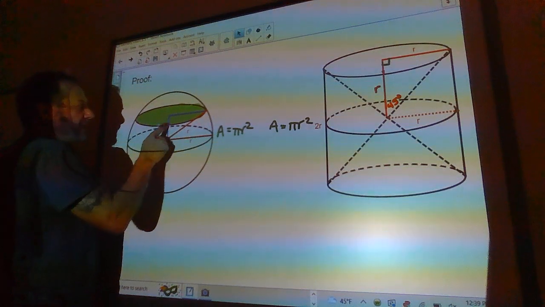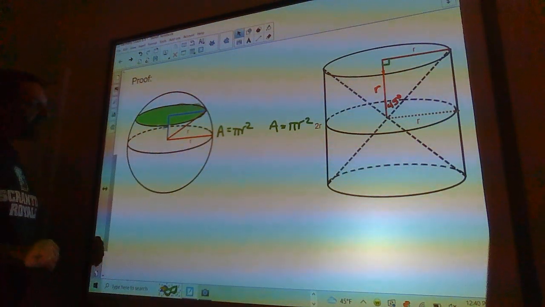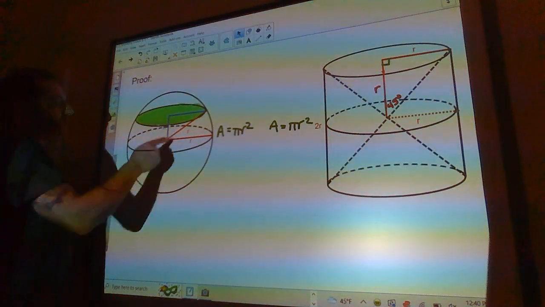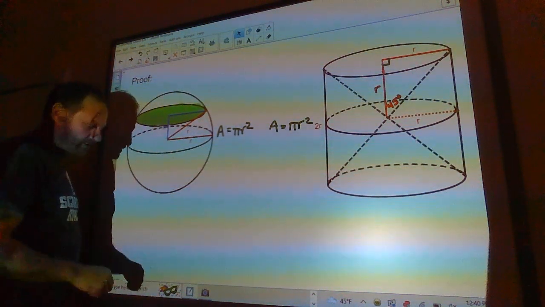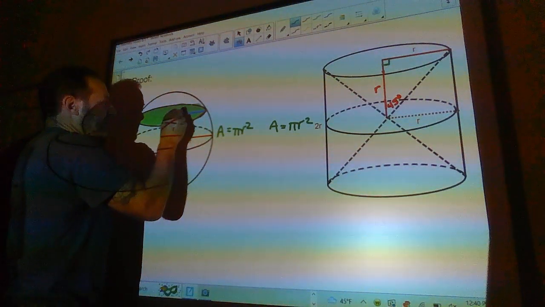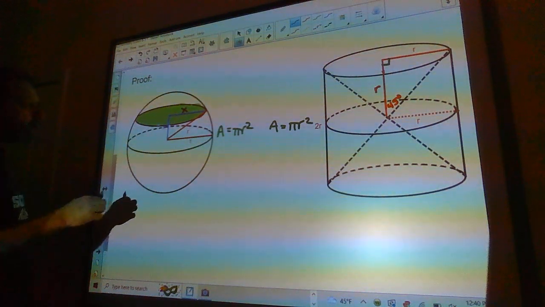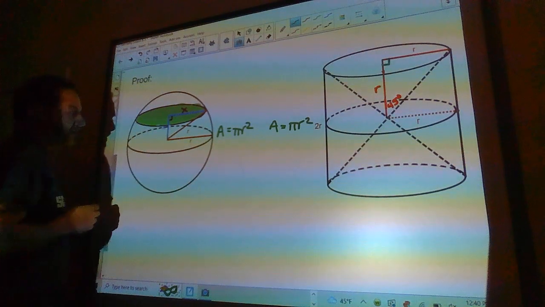Okay, and I've got another circle that I take a slice right here at that level, and I want to calculate the area of that circle. Okay, so in order to do that, I need to know what is the radius of that circle right there. What is x? Okay, so this is a 90-degree angle right here.